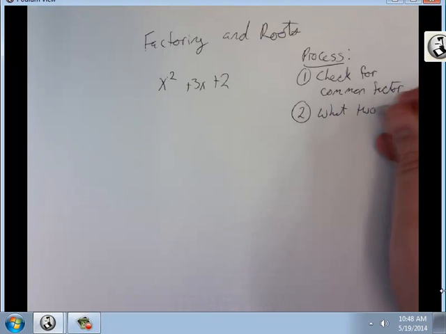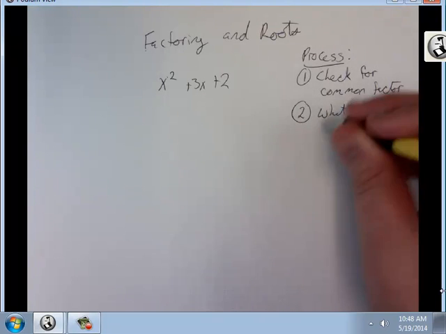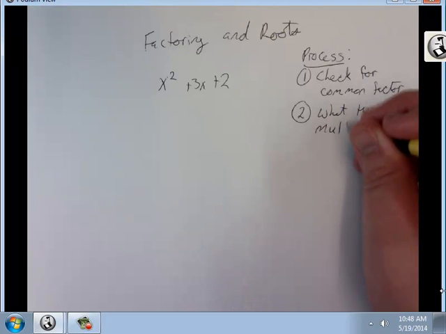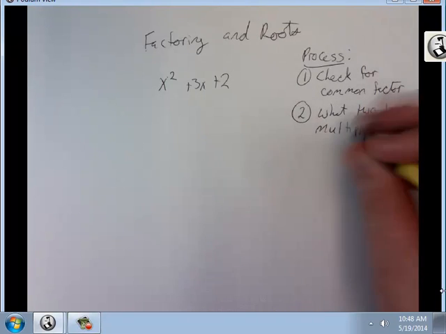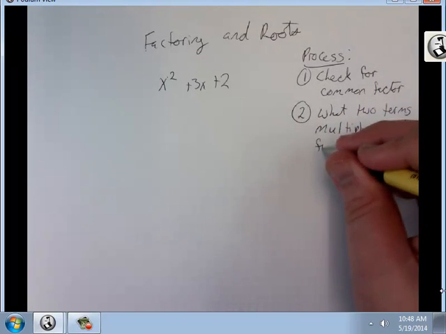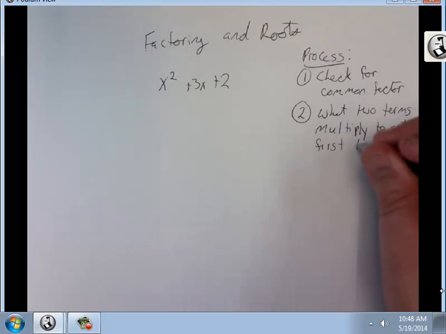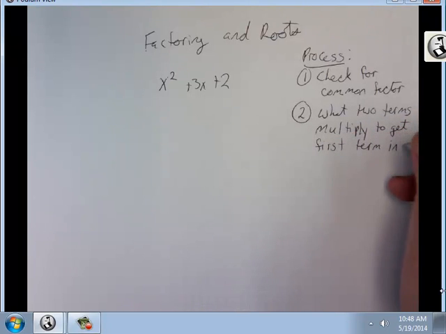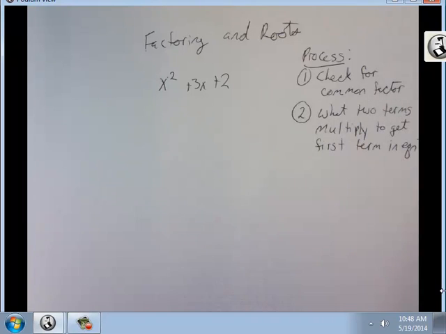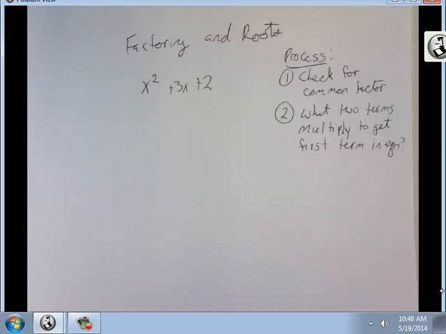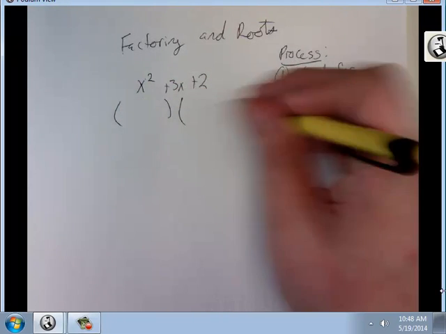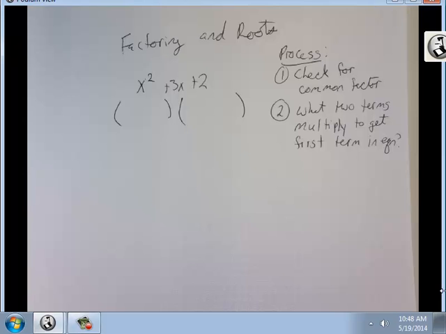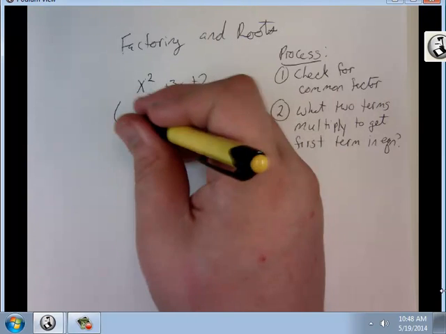What two terms multiply to get the first term in the equation? And the only things that multiply to get x squared are x times x.